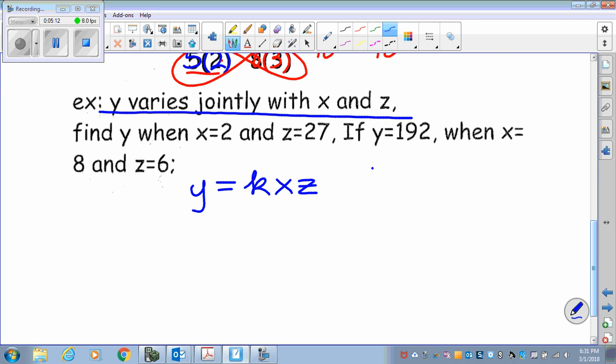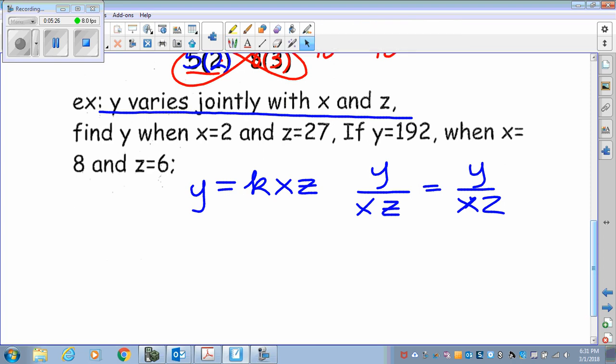I think that's a good way to go. So y over xz equals y over xz. If I wanted to get that k by itself, I would divide by xz. And then I'm going to substitute.